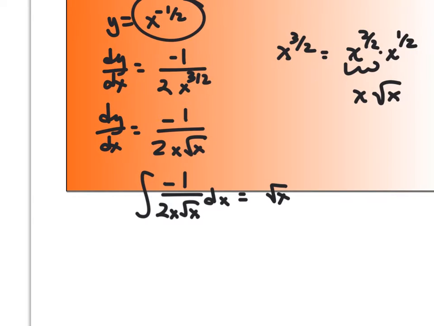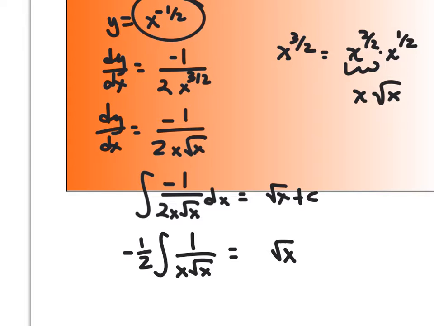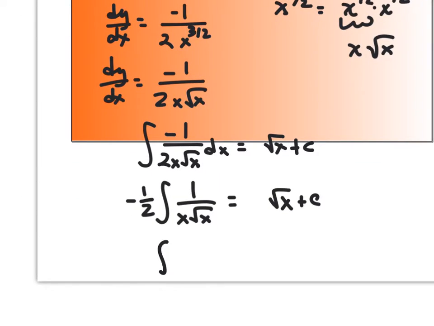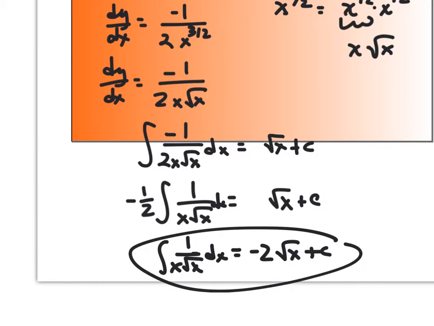So if I want the integral of just 1 over x square root x, I pull out that negative 1/2. I forgot the c, but I remembered it before I was finished, so that's good. So the integral of 1 over x root x dx would equal negative 2 root x plus c.